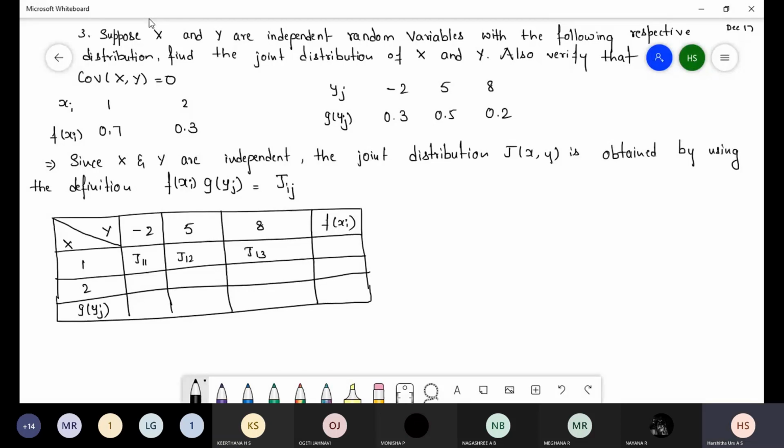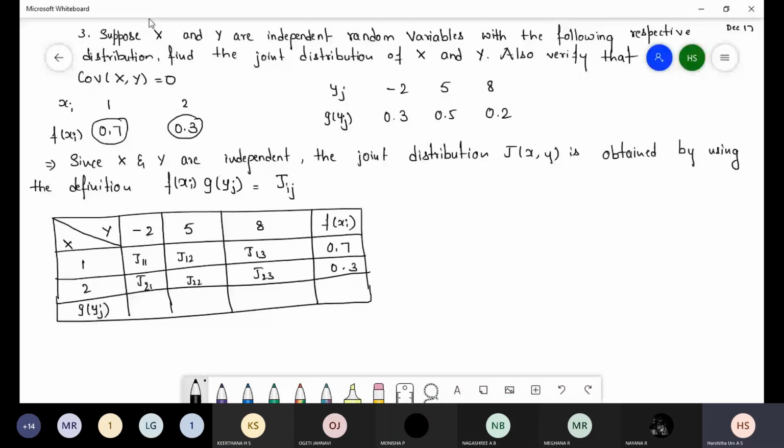j13. When you add j11, j12, j13, we have to get 0.7. Next j21, j22, j23. When you add j21, j22, j23, we have to get 0.3. When you add 0.7 plus 0.3, we get 1.